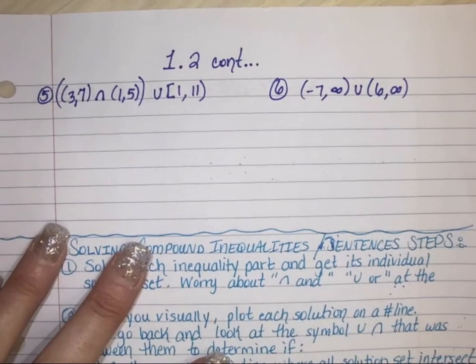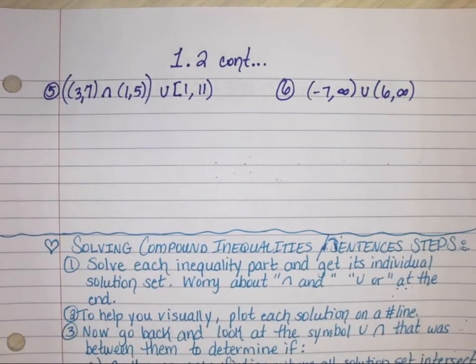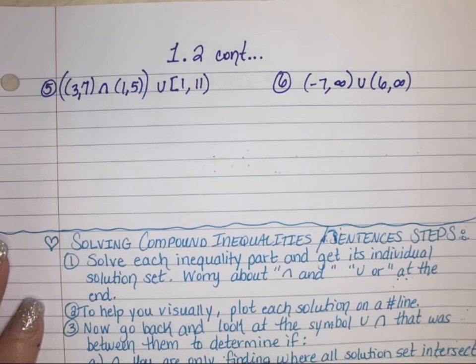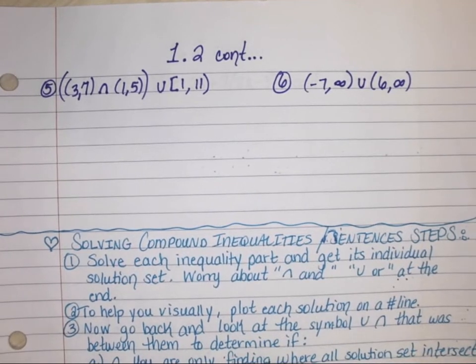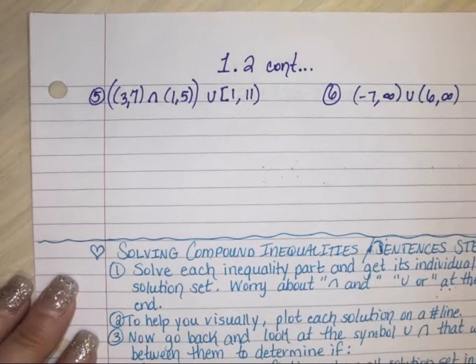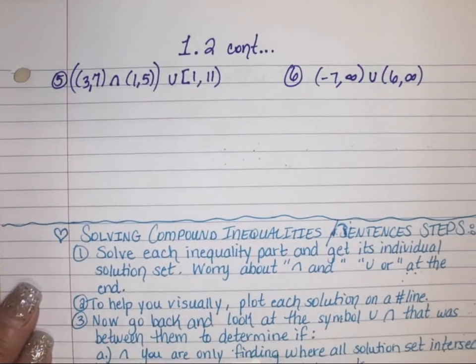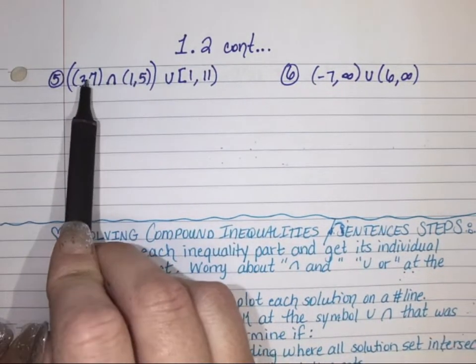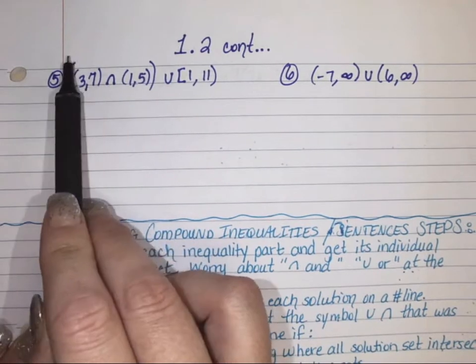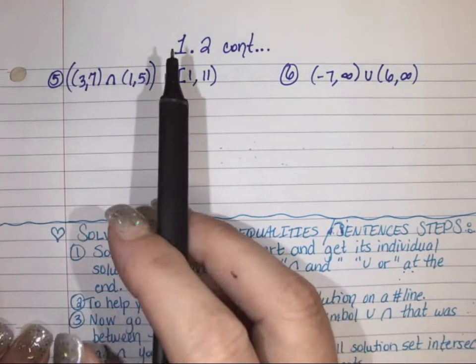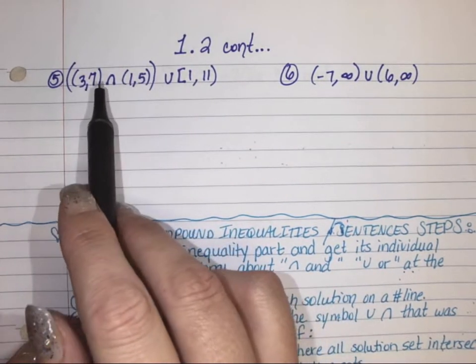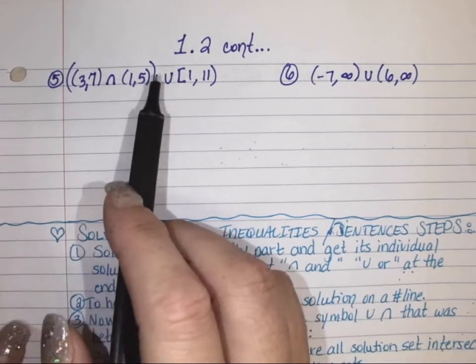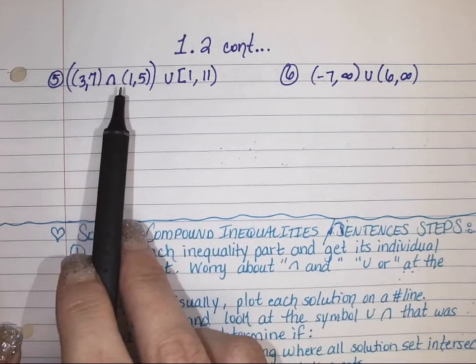Okay, number 5. This one gets a little bit more difficult. These solution sets are already given to you in interval notation. Notice that you have this pair in parentheses on its own. So you kind of have to treat this like order of operations and do what's inside grouping first.